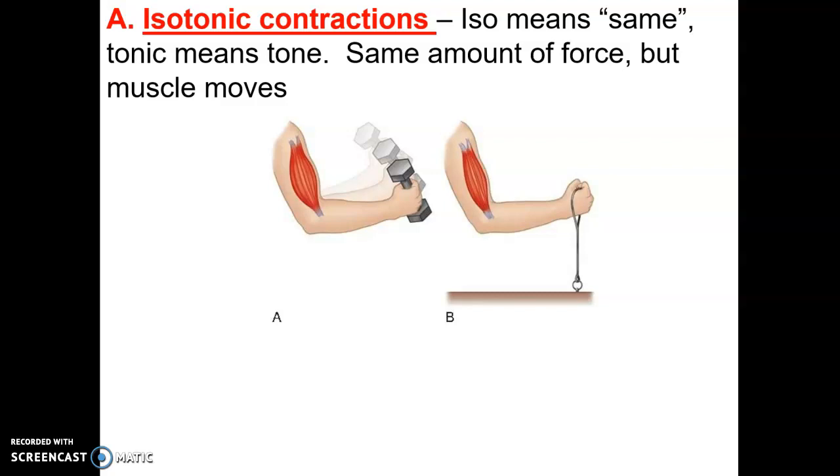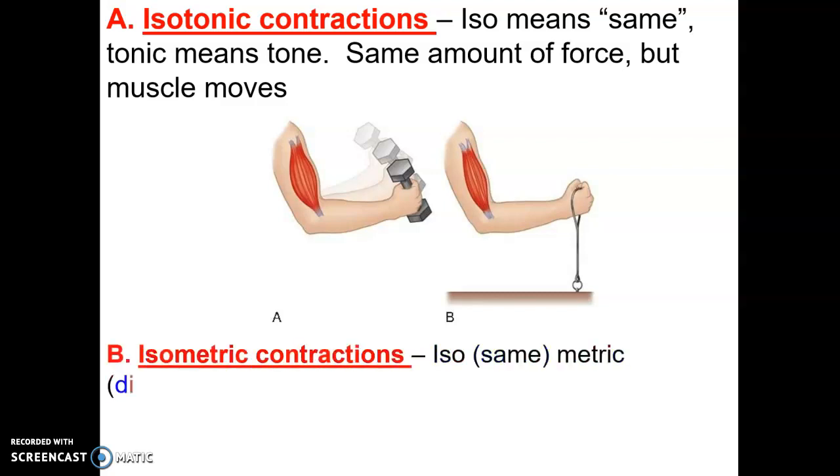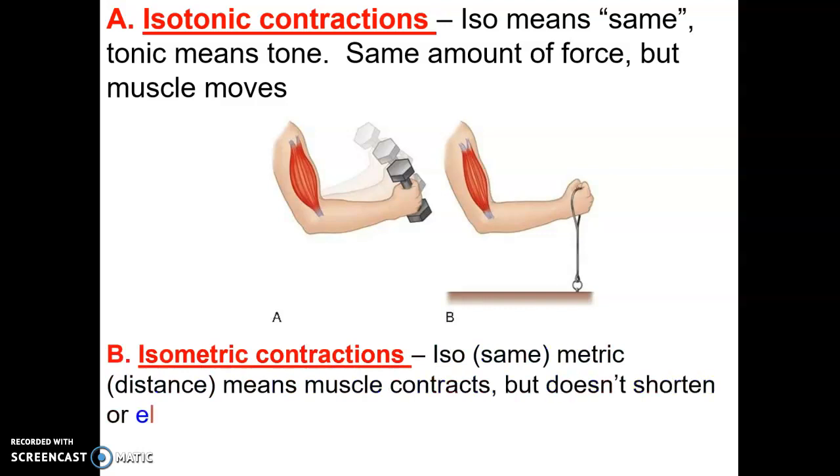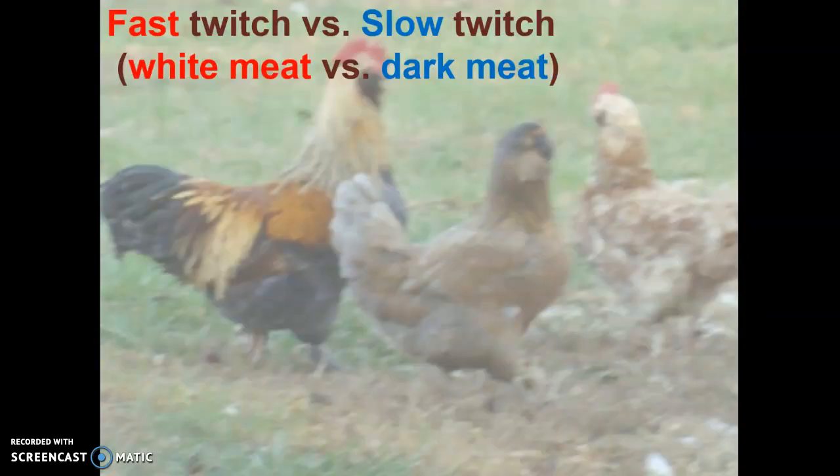That's an isotonic contraction. In diagram B, the person is lifting, but because the cable is bolted to the board, that muscle is flexing, but it's not moving. Metric means measurement, or movement, distance. So isometric contractions are when you're flexing really hard, but the arm is not moving.